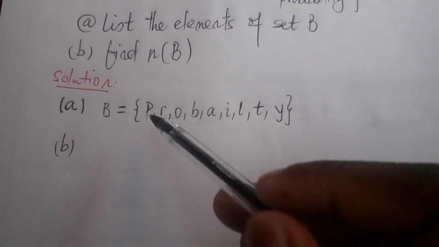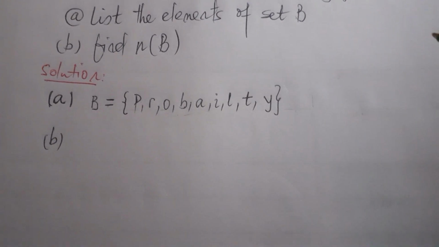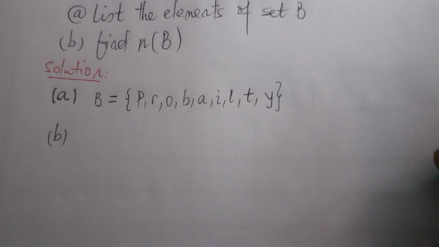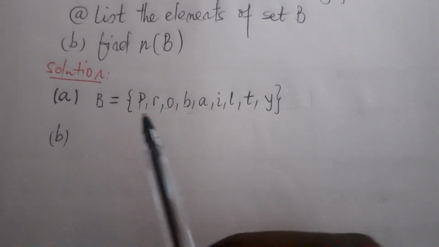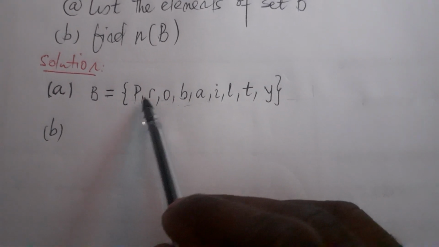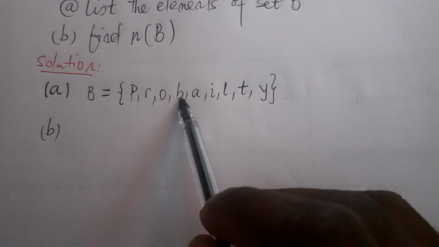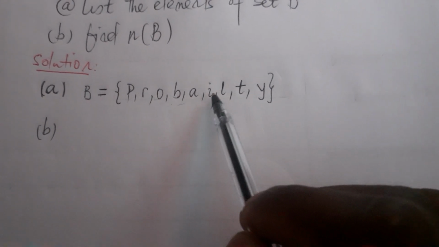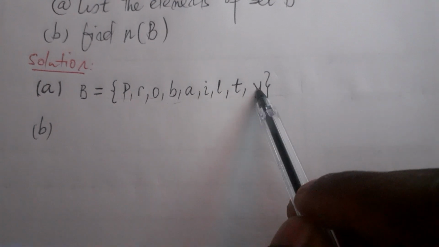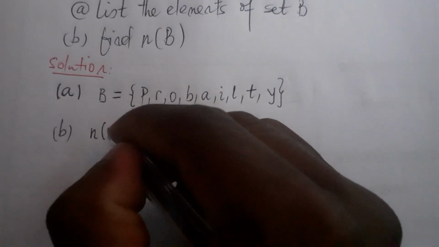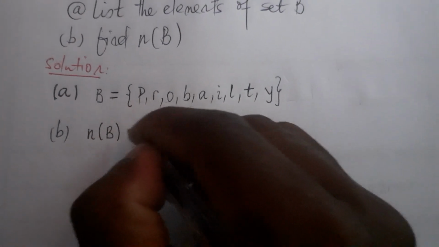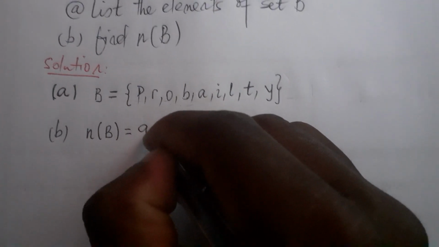We just have to count the individual elements within the set, and then we write their total. Now in this case we count 1, 2, 3, 4, 5, 6, 7, 8, 9. So we write the cardinality of set B is equal to 9.